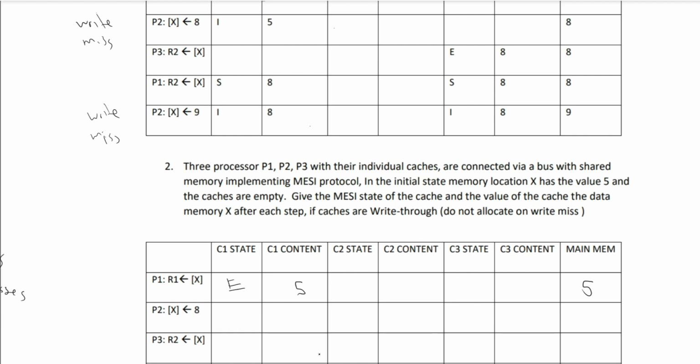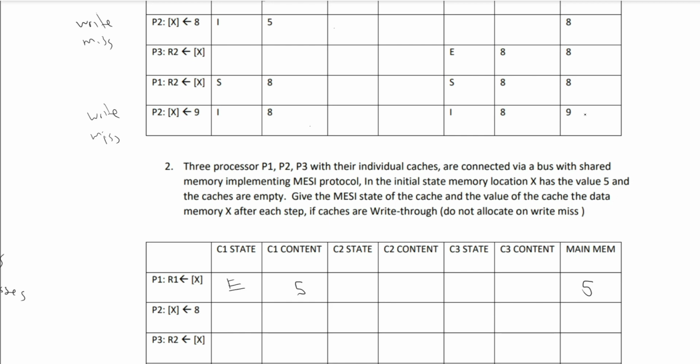And then it's not going to be in the cache. But it's do not allocate, so we don't need to bring it. We have to update the cache. Wait, no, we only update the cache if it's in the cache, right?